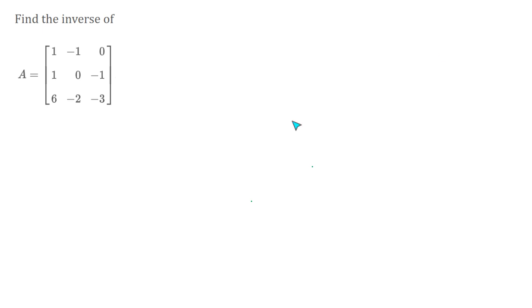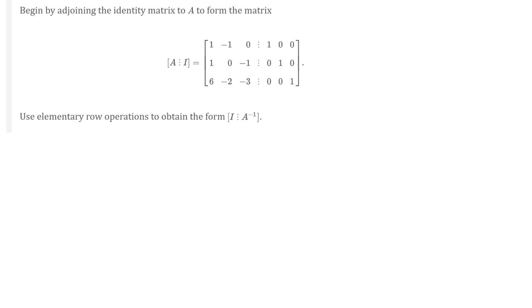Now for this bigger matrix, we cannot use the formula because it's not a 2 by 2. So in this situation, we would have to attach the identity. If your instructor lets you use a graphing calculator, then you could use the graphing calculator to find the inverse. But not all instructors allow the calculator, so we'll just work it out.